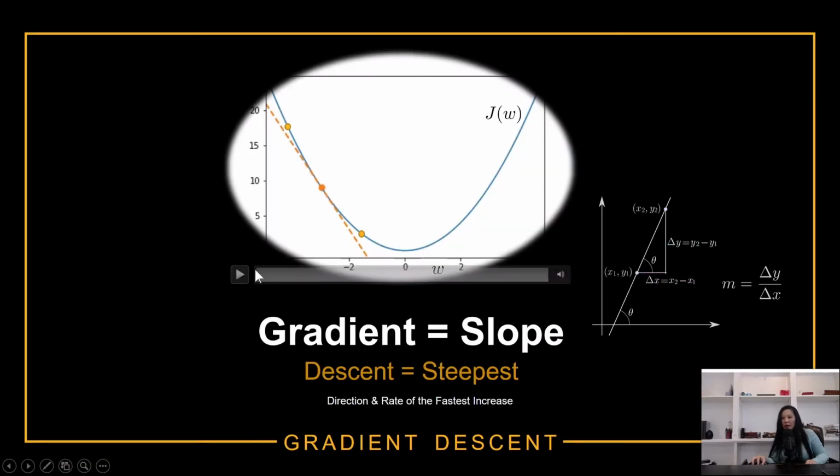Let's take a look into these animations. What I want to show here is that gradient descent is to move, okay, we're going to make a guess, and move from another part of the cost function, in this case a parabola for our visualization, going downward toward the minimum. So w has to move toward 0 in this case, and the cost is going to go down from the y-axis.